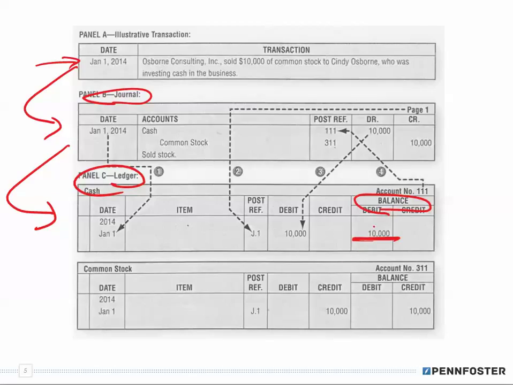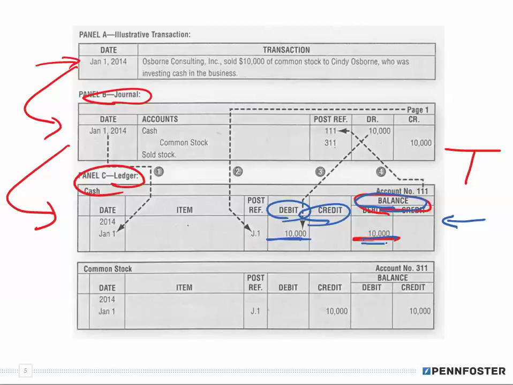Now, before I talk about the trial balance, I want to point out that the textbook is using T accounts as ledger accounts. In the real world, if you're doing it by hand and on paper, this is what a general ledger account is going to look like. You're going to have a debit column and a credit column, which reflects the transaction that you're making immediately, but then you're also going to have this balance column, which keeps a running balance.